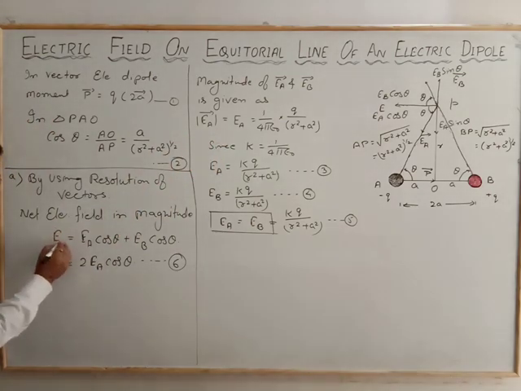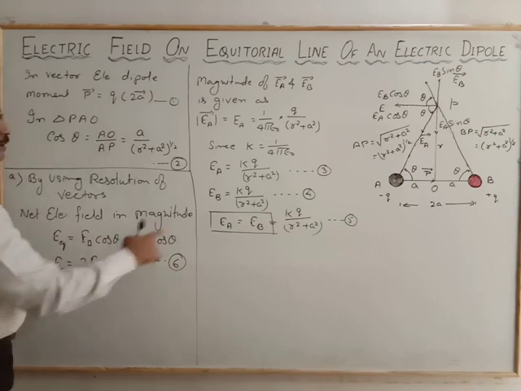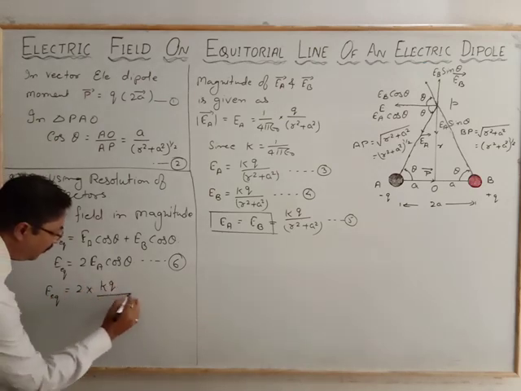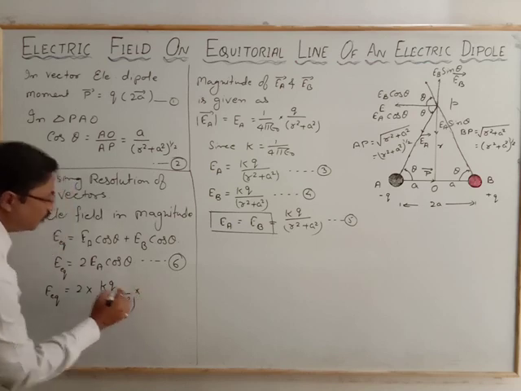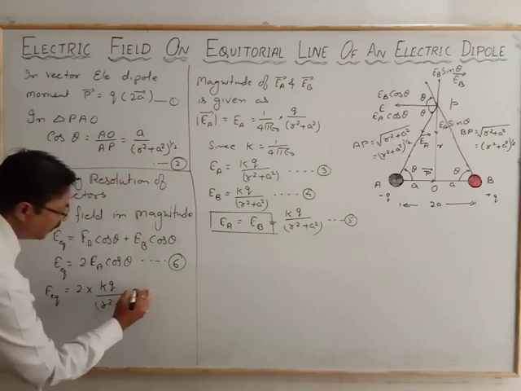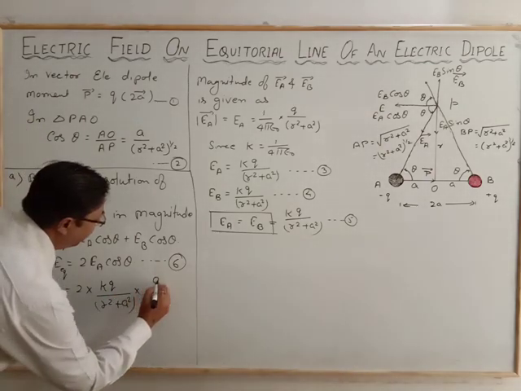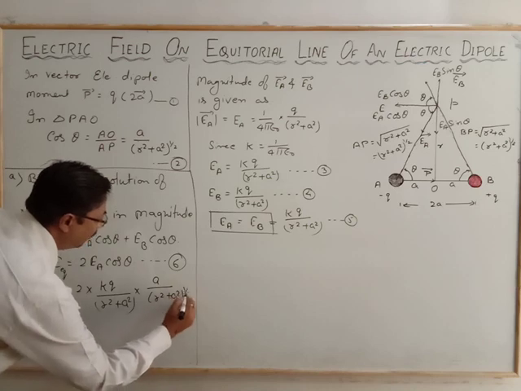Let us write it as E_Q, that is the electric field along the equatorial. So the electric field along the equatorial becomes E equal to 2 into KQ by R square plus A square, whole into, in place of cos, we will use equation number 2, that is A by R square plus A square whole to the power half.